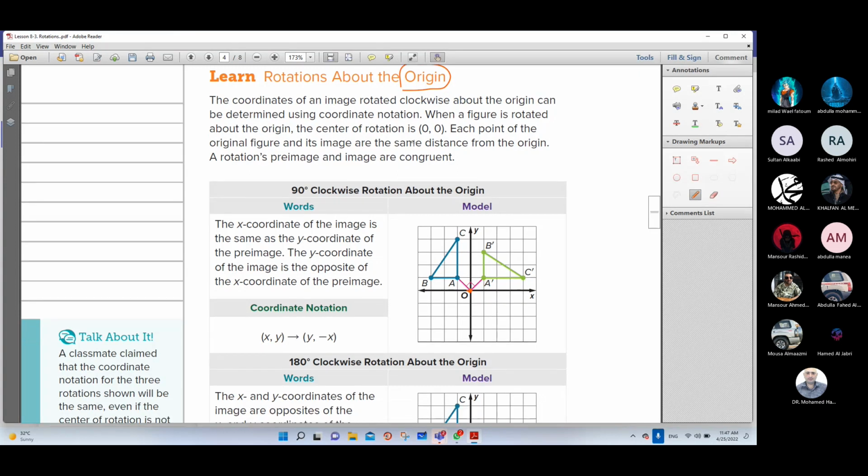When a figure is rotated about the origin, the center of the rotation will be (0, 0). Each point of the original figure and its image are the same distance from the origin. A rotation's pre-image and image are congruent.